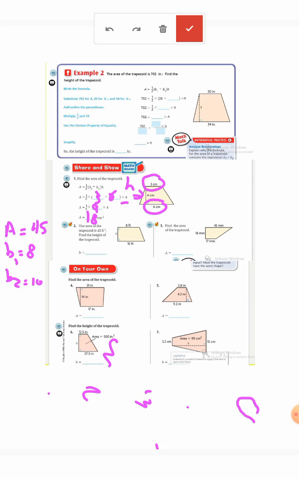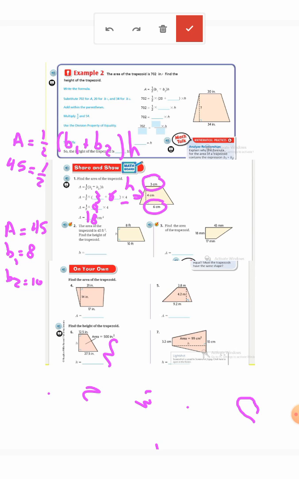He asked me to find the height. To find the height, we are going to follow the same steps that we usually make. First of all, we have to write the formula. A equals half B1 plus B2 multiply height. Okay, area is 45.